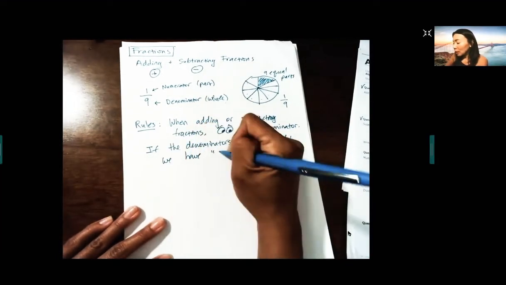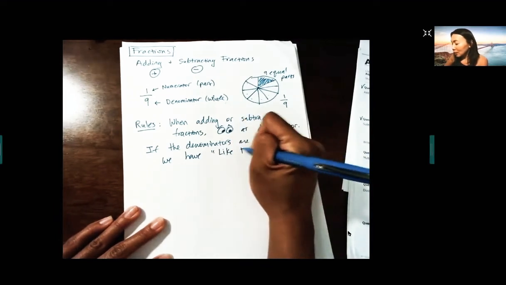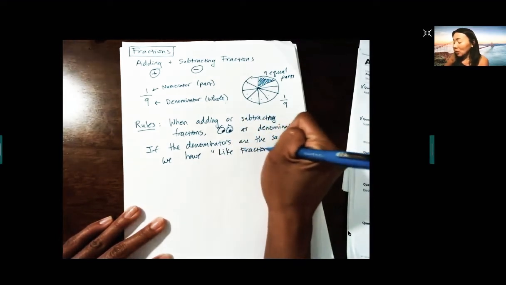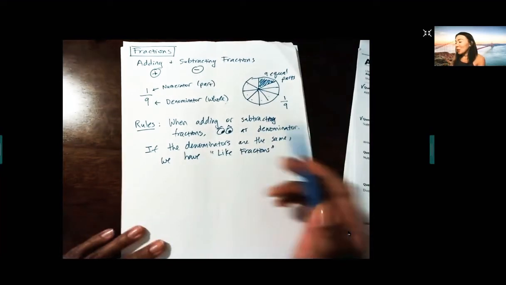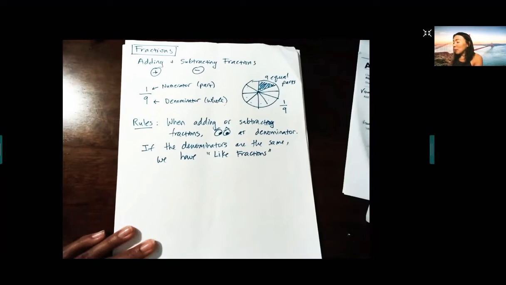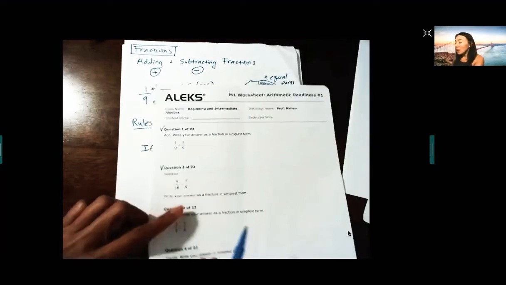Like fractions mean that they have something in common, meaning that they have the bottom in common. So if I had in this problem 1/9 plus 5/9, I look at the denominator and I see a 9 and a 9.